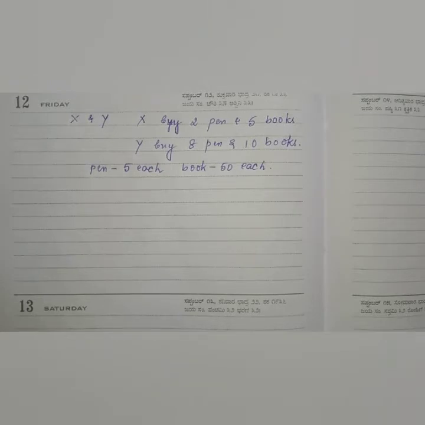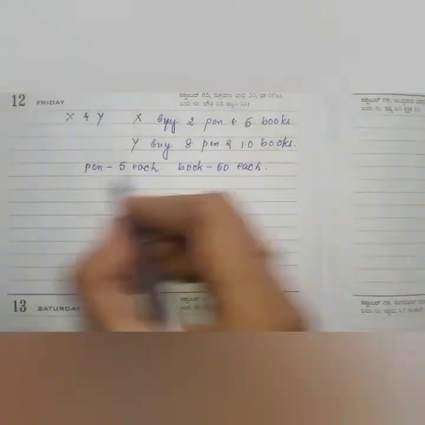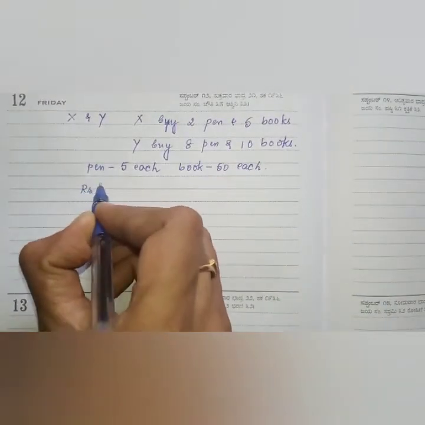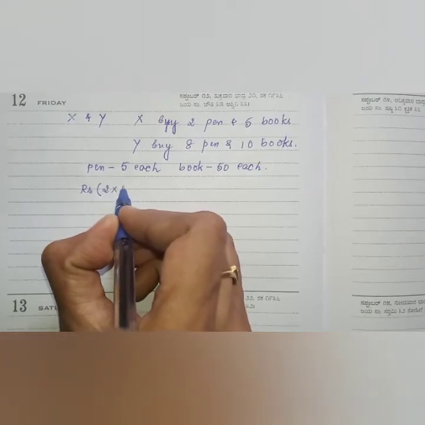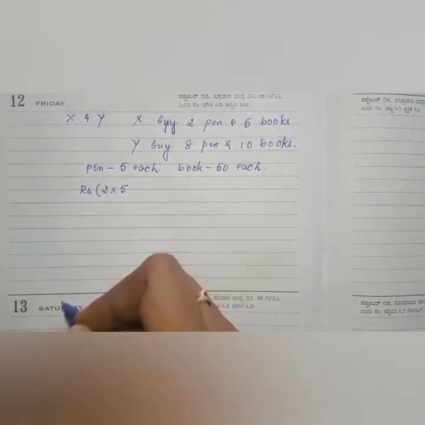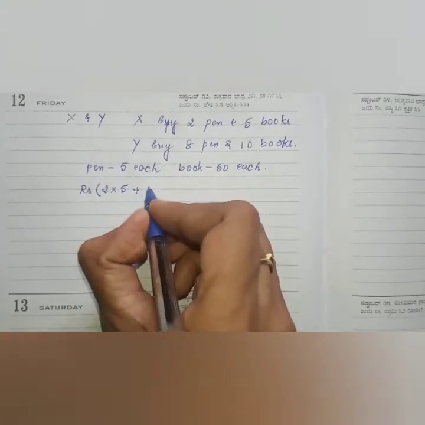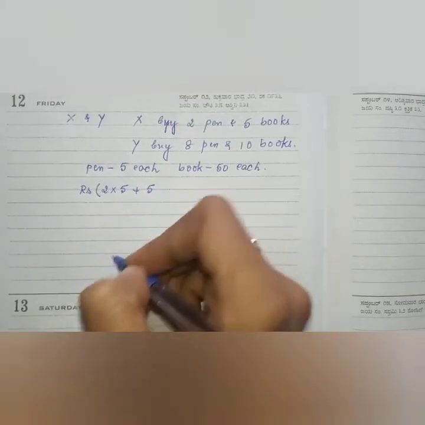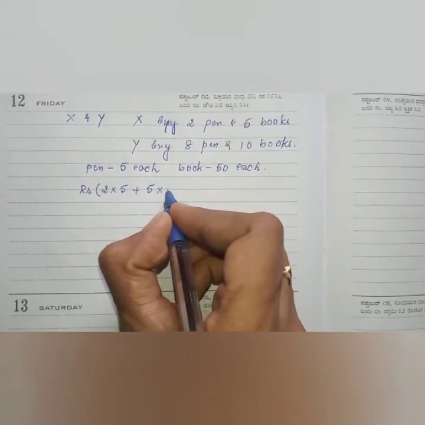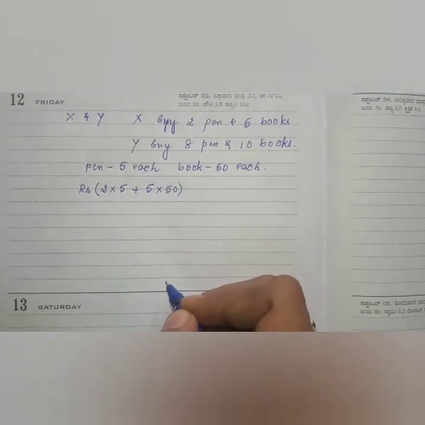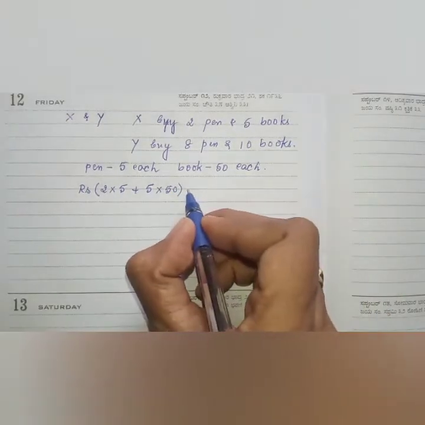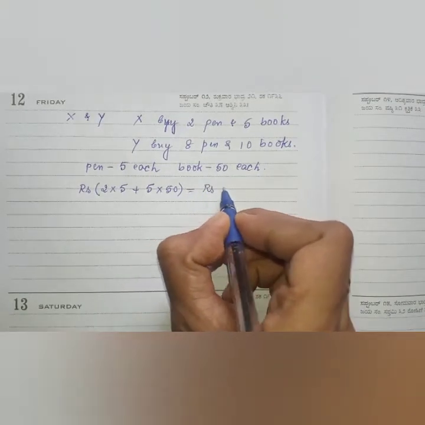Clearly, X wants two pens that cost 5 rupees each and 5 books that cost 50 rupees each. So person X requires a total of rupees 260.